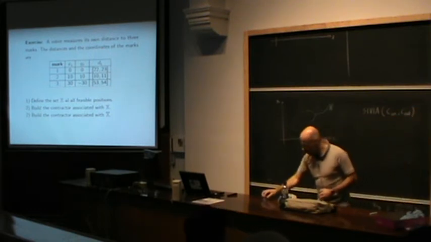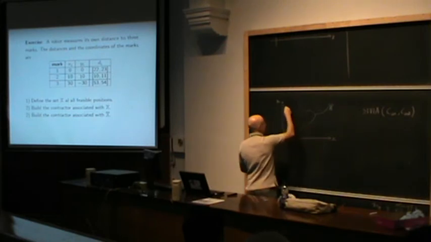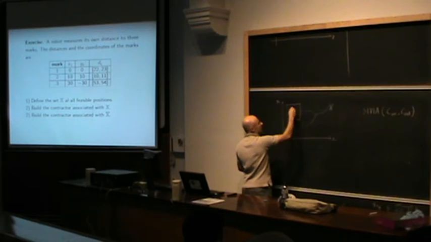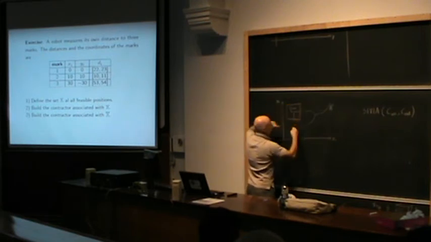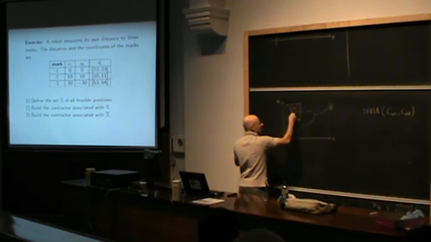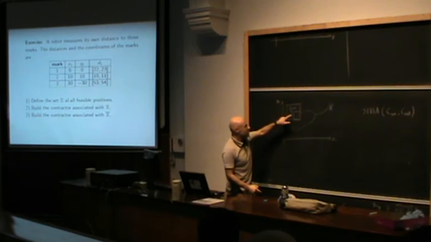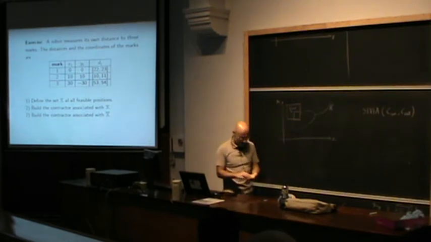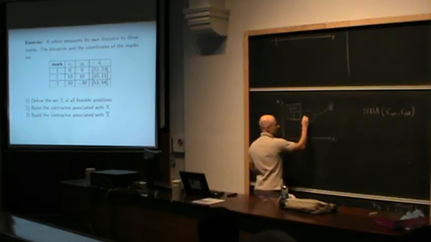So what are an inner contractor and an outer contractor? An outer contractor is a contractor for X. For instance, I give it C out, which contracts by only removing parts of the search space that are outside X. What is an inner contractor?